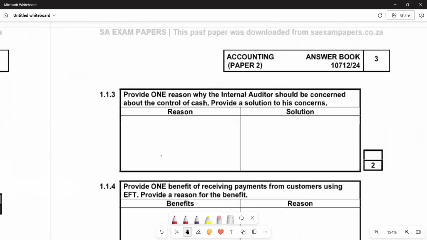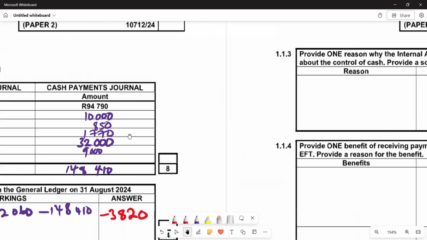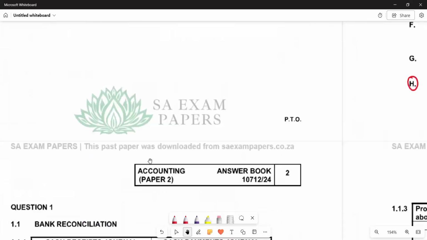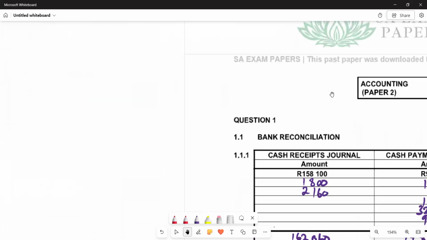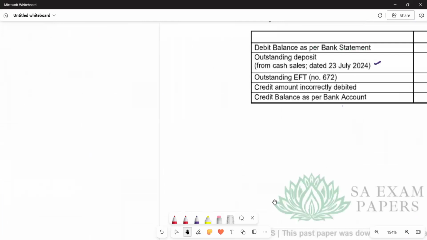So if you come here, 1.1.3 saying provide one reason why the internal auditor should be concerned about the control of cash. Provide a solution to his concerns. Reason, remember, if you go back there, you'd see that let's just try to see what we have in terms of our adjustments.